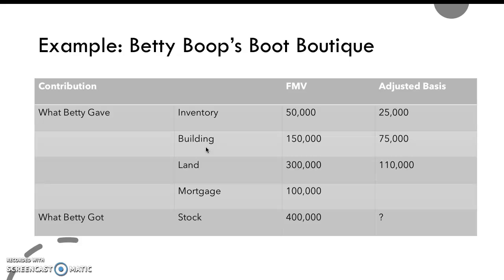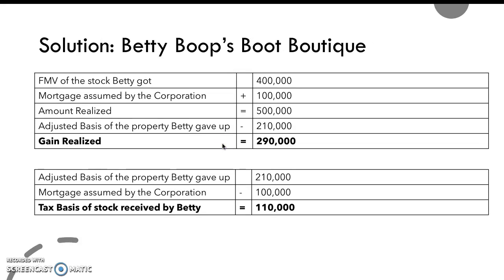But to calculate her tax basis in the stock, first we'll take a look at the gain or loss realized, and then we'll figure out what her tax basis in the stock actually is. To calculate first the gain realized by Betty, we'll start with the fair market value of the stock she got and add in the mortgage liability that the corporation will absorb.